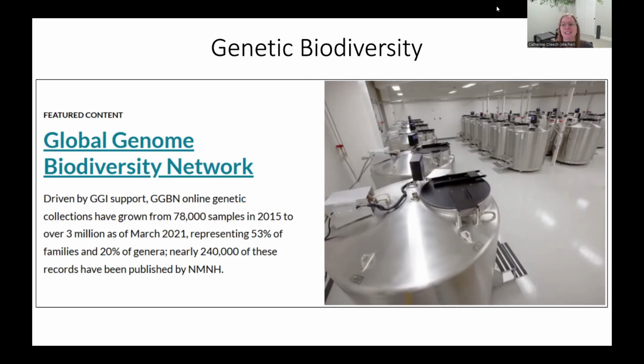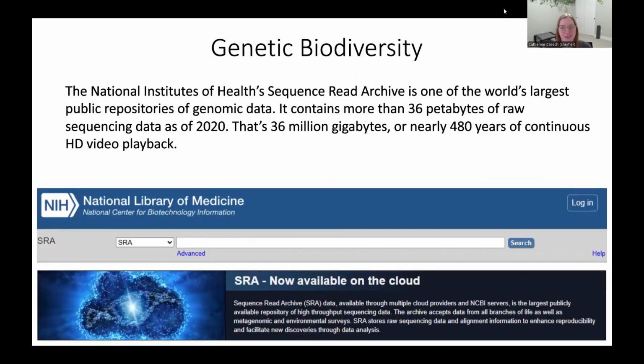It's really neat. We also can store information on the cloud. So instead of freezing a genetic piece of information, we can write down the sequence of A, T, C's, and G's, and then we can submit that to a database. One of the largest is the National Institute of Health's Sequence Read Archive. And this has so much data.